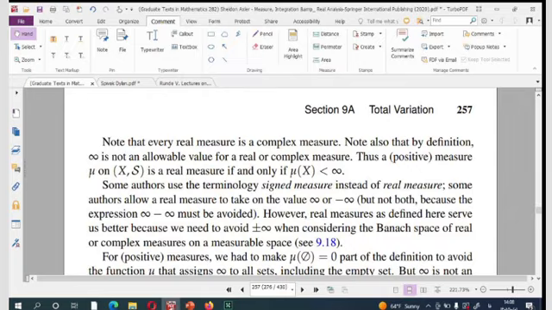Thus, a positive measure is a real measure if and only if mu of x be finite. Okay?